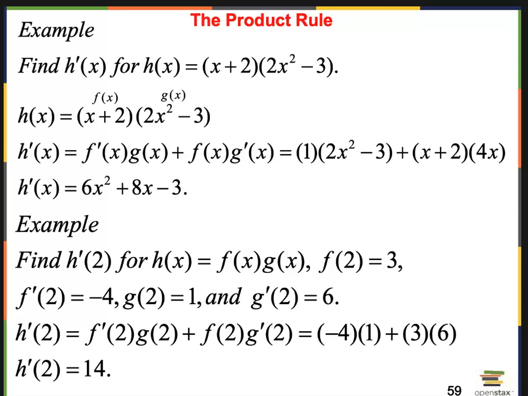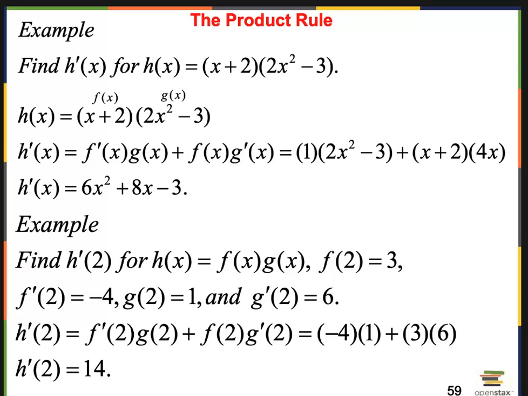And here's another example. What if it wants you to actually find h prime of 2 for h of x equals f of x times g of x, and f of 2 equals 3, f prime of 2 equals negative 4, g of 2 equals 1, and g prime of 2 equals 6.